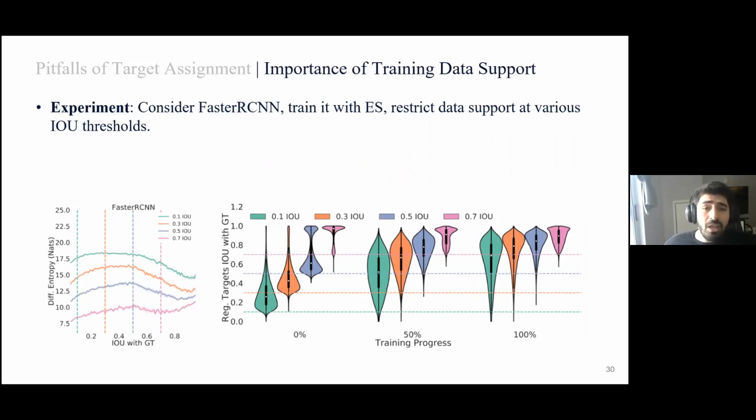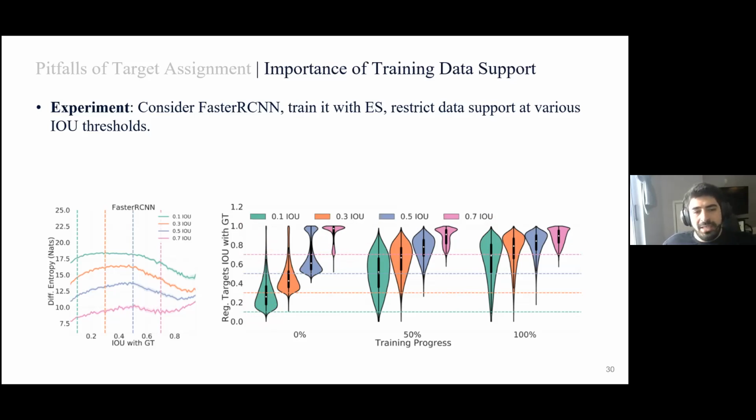Basically, we take Faster RCNN, we train it with the energy score, and we restrict the data support at various error thresholds, IOU thresholds, of 0.1, 0.3, 0.5, and 0.7. So 0.1 allows the network to observe most of the range of errors, whereas 0.7 does not allow the network to observe anything below, let's say, 0.7 IOU.